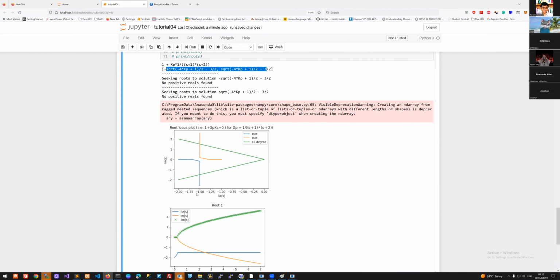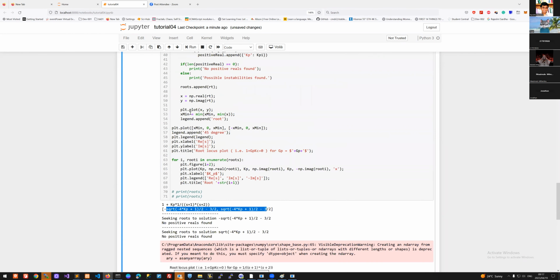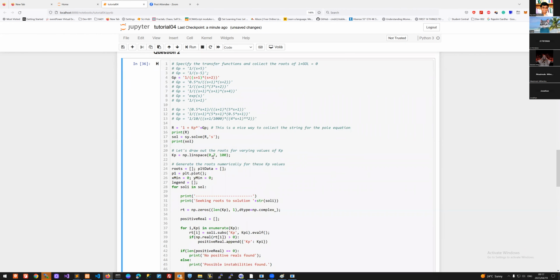And we can see in the s-plane that these are always in the left-hand plane. So they are always negative in terms of the real part. That tells us it's always stable. Well, we should just check by increasing the Kp value, and see that we are not straying into regions where it does go positive.